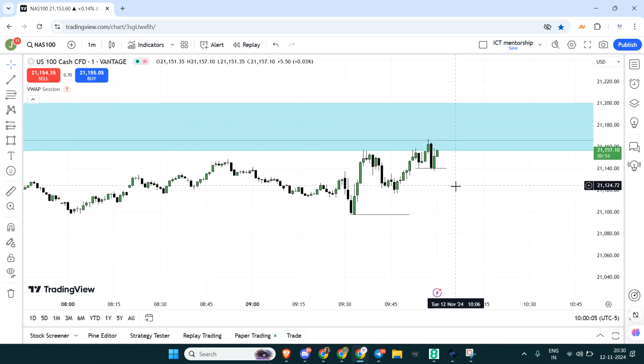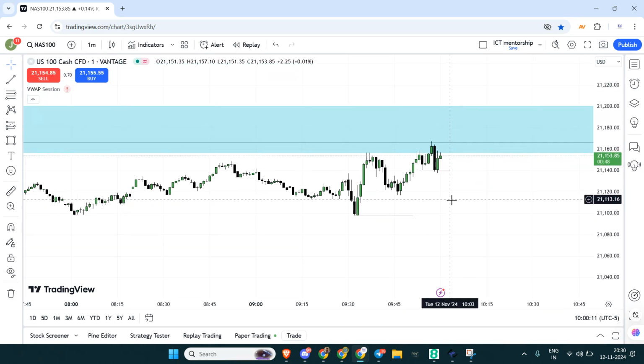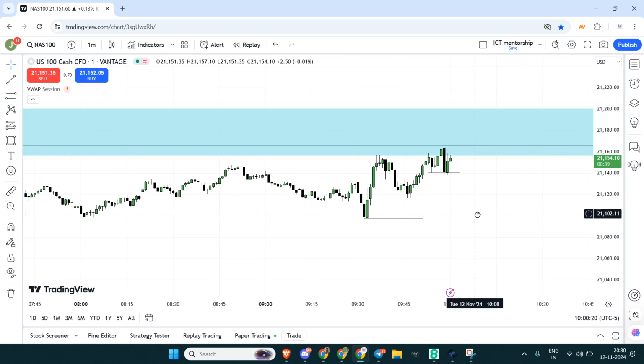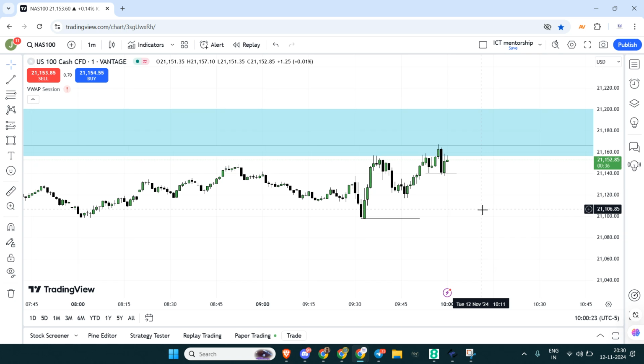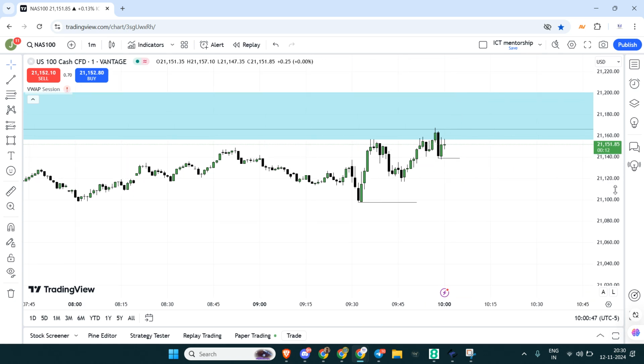Still there is no body break, so we just entered into that trade a little bit early because it's just a wick. There's no body break and there's no FVG, so it's actually not the right time to enter into a trade. But I already entered and my risk level is a little bit higher, so I guess it's fine. Let's see. If price is breaking these levels once again and we are getting an FVG, then that will be the perfect entry.